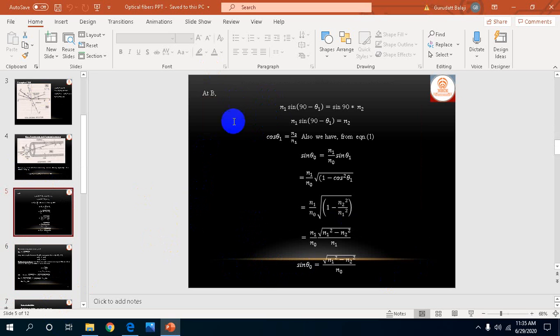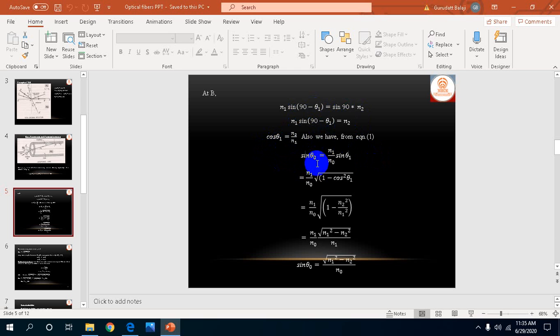Similarly, at point B, the angle of incidence is 90 minus theta 1, so N1 sin(90 minus theta 1) is equal to N2 sin 90. Therefore, N1 cos theta 1 is N2, so cos theta 1 is N2 by N1.